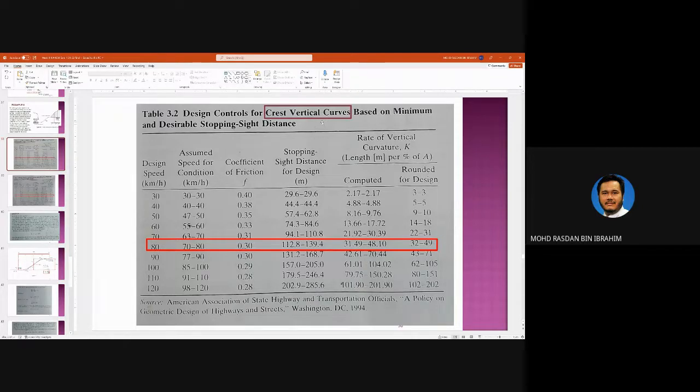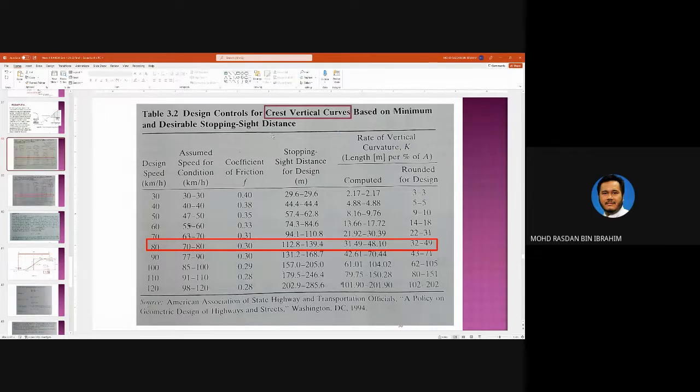So they have already calculated for a design speed, and this is the range of the design speed, 70 to 80. You get a range of K values. Okay, so this is the minimum, this is the maximum. So these values are being calculated considering the stopping sight distance. Actually, we'll be covering this stopping sight distance concept next week.